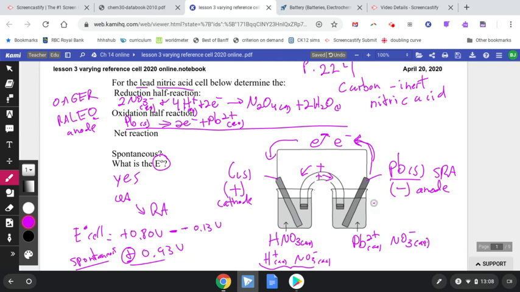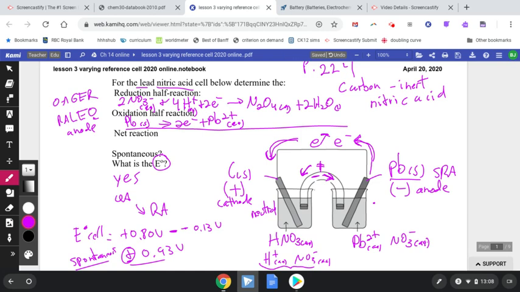Because it's losing negatives and getting more positive, it needs more negatives. Anions go to the anode to replace the negatives that are being lost. And this side is gaining the negatives, so it needs to gain the positives to balance out and keep both sides neutral.